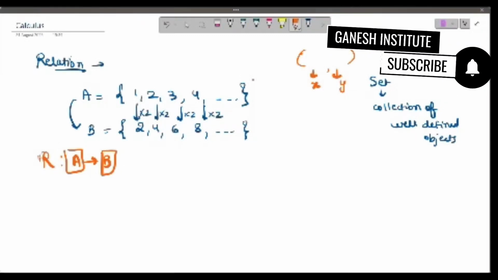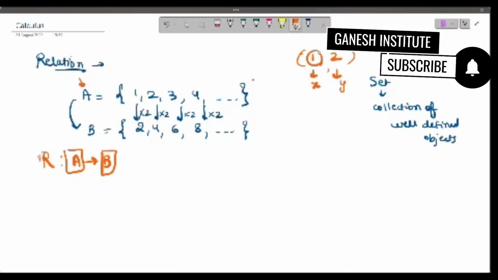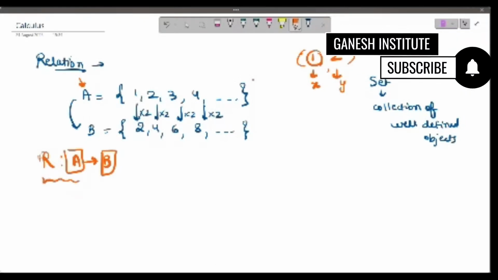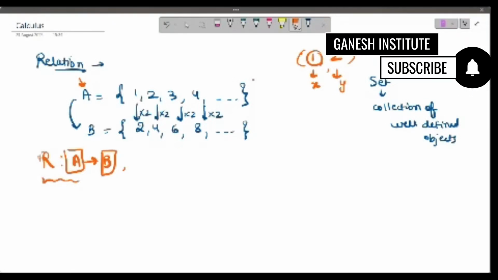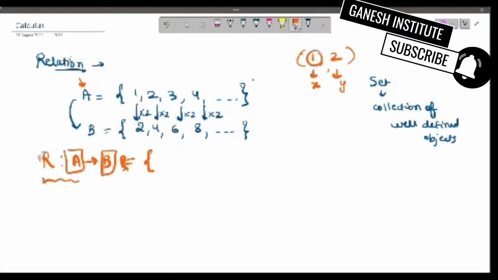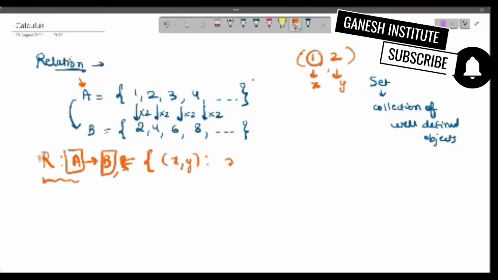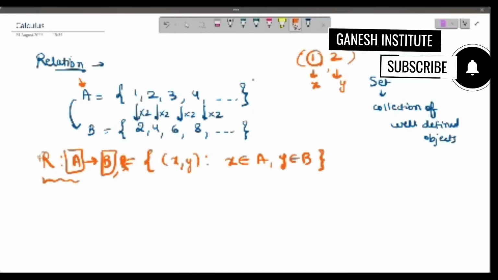So if I say 1 comma 2, that means 1 is from set A and 2 is from set B. So I'll write it this way: R is defined from A to B.